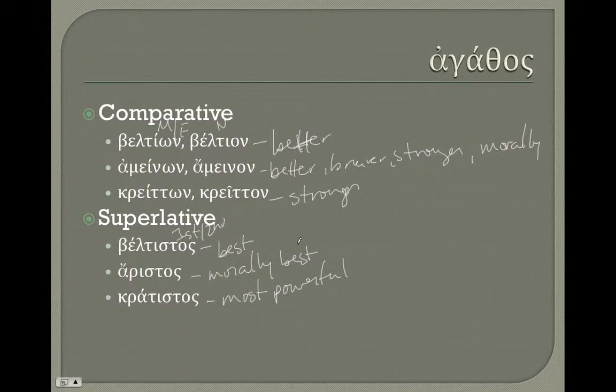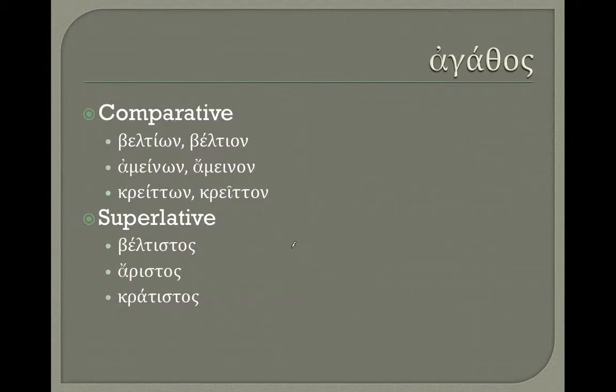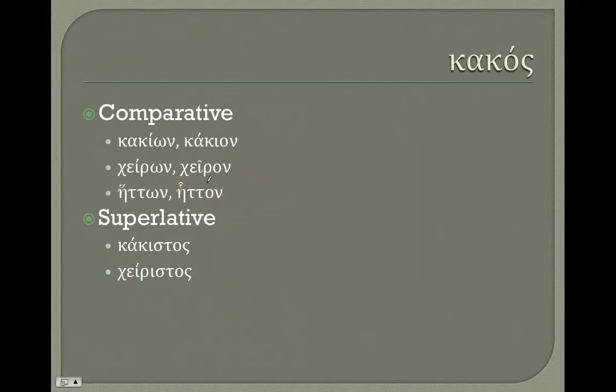And we have irregular comparison for bad, just like in English, where we have worse and worst. So kakion is worse, generically speaking. Cheiron is morally worse, at least in later Greek.